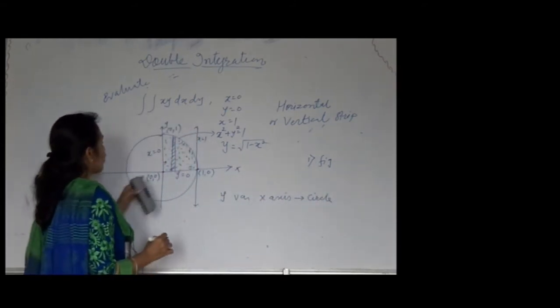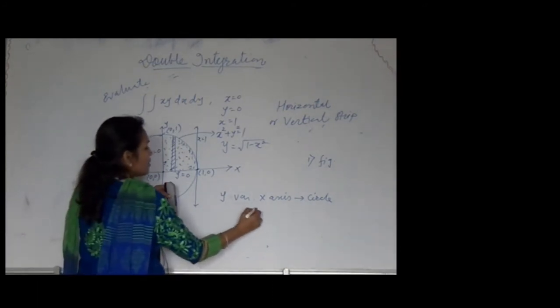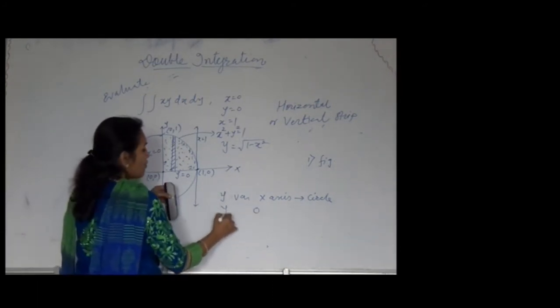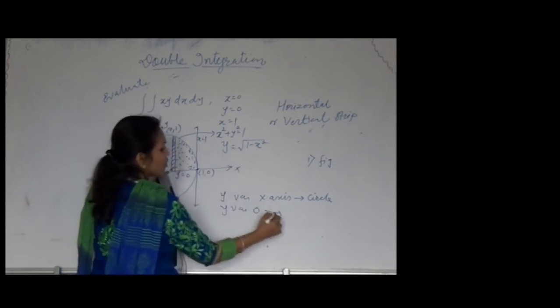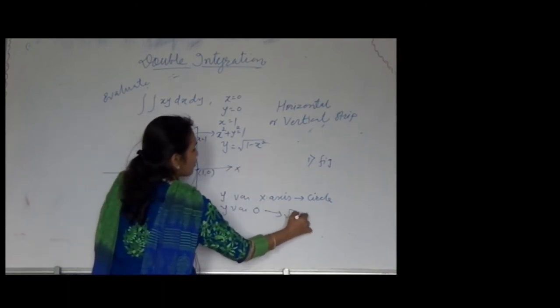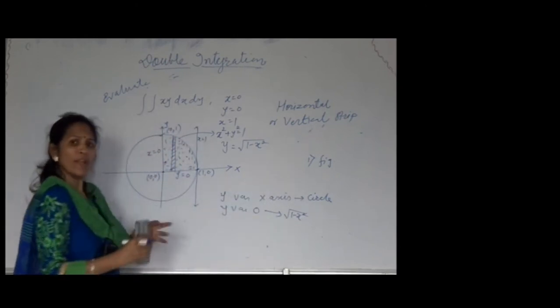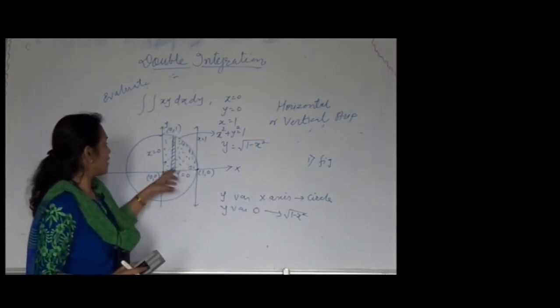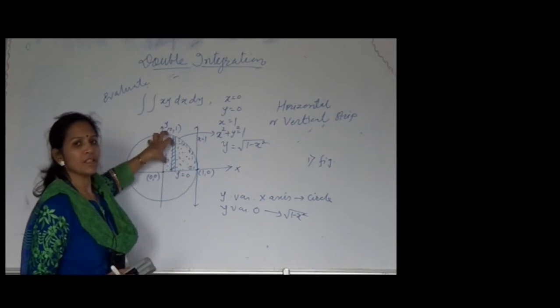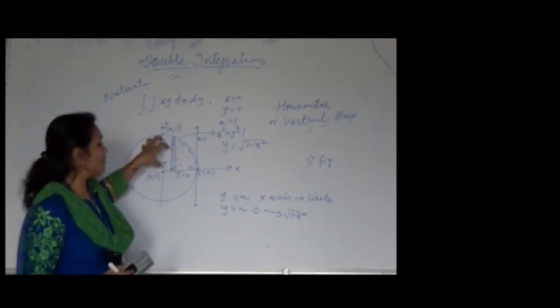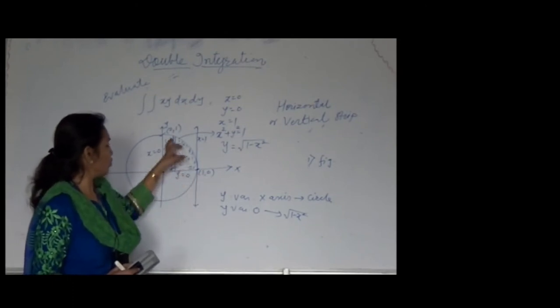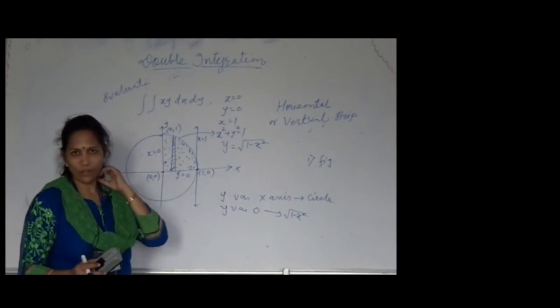What is the equation of the x axis? It is y is equal to 0. So y varies from 0. What is the equation of the circle in terms of y? It is root of 1 minus x square. So this strip covers the whole area you have shaded, and y varies from 0 to root of 1 minus x square.